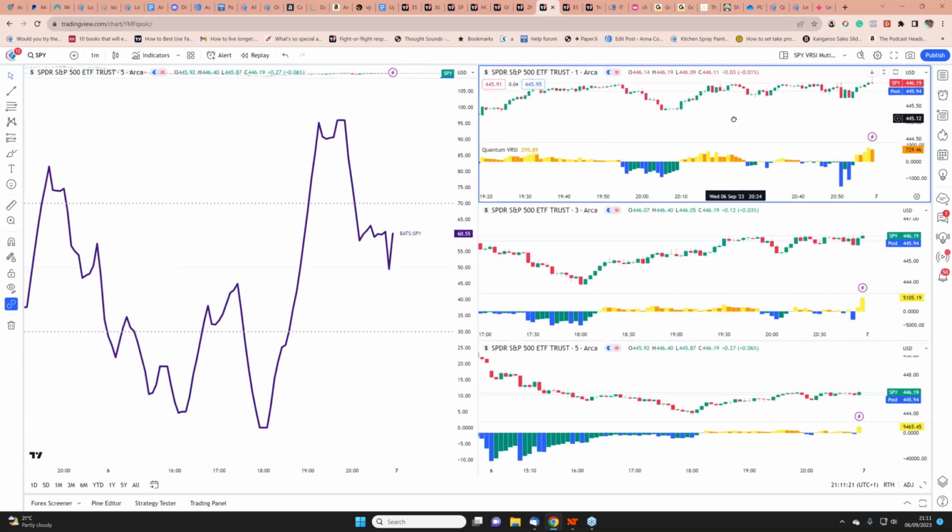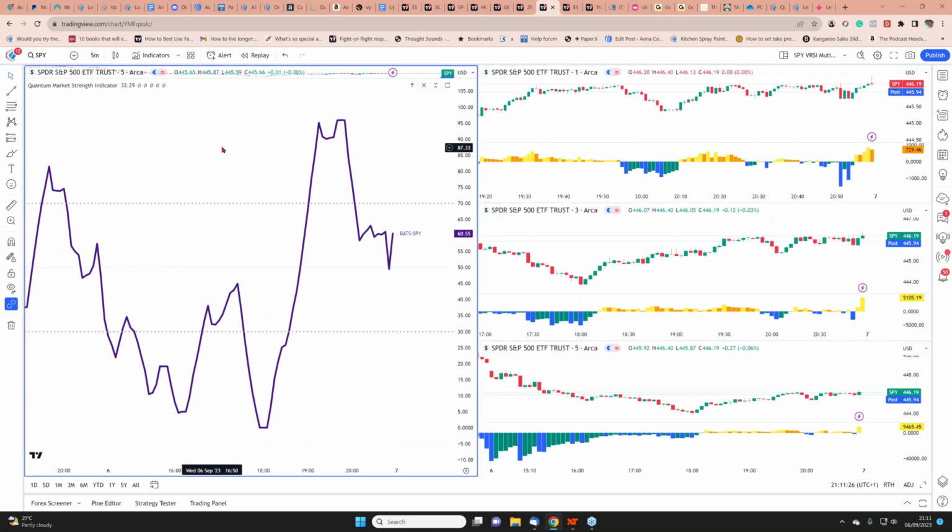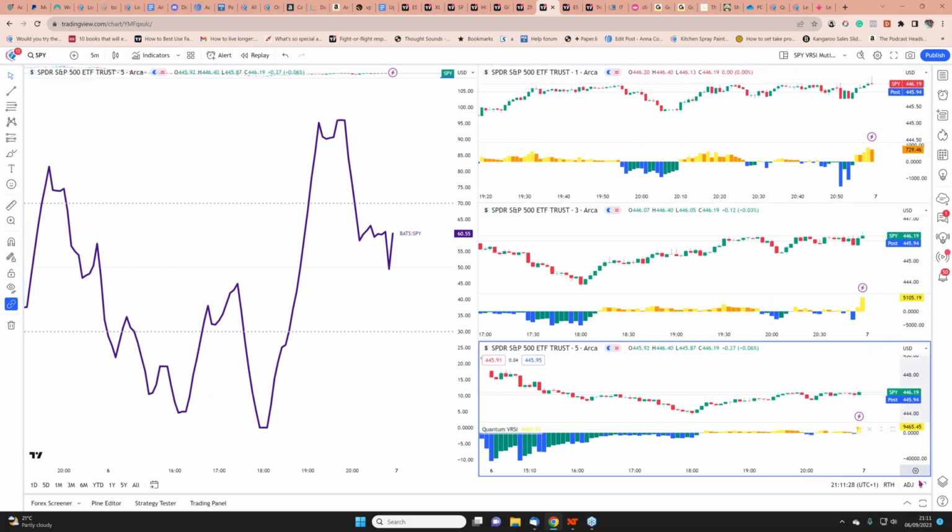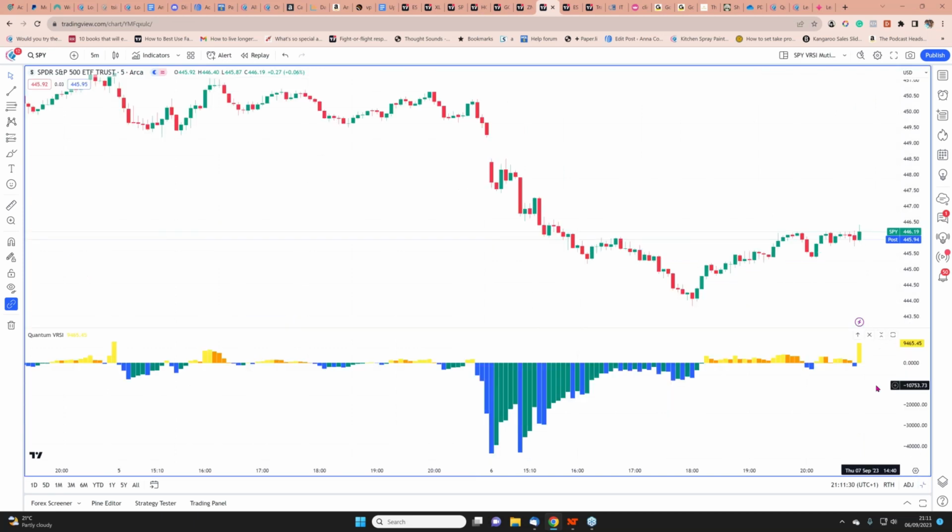Very quickly, we've looked at the VRSI, but this is the VRSI on SPY. And if I pop down onto the lower one on 5 minutes, this really reinforces that aspect of the volume relative strength indicator. You can see it here. It just jumps off the screen at you.